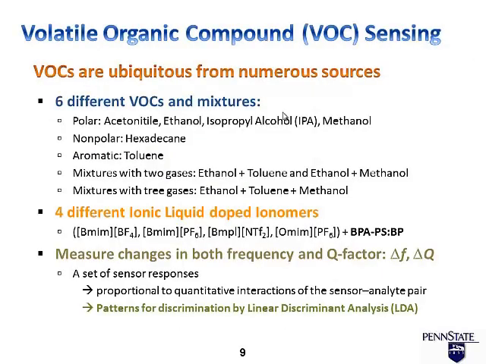Overall, 6 different volatile organic compounds and their mixtures were investigated to examine the developed chemical sensing system. We used 4 different ionic liquid doped ionomers and functionalized them onto 4 different pixels to measure the simultaneous response of the sensor.